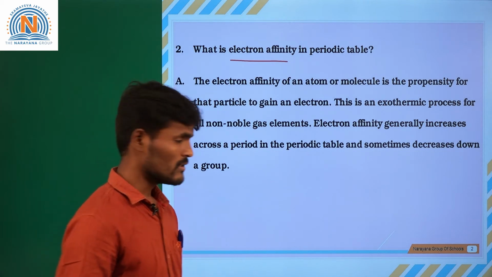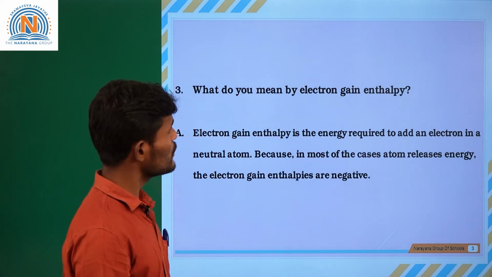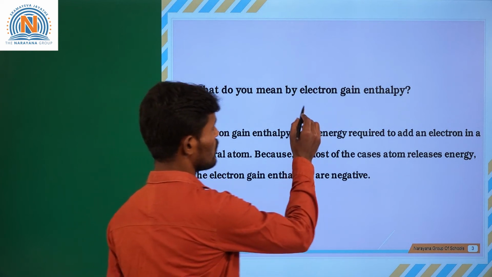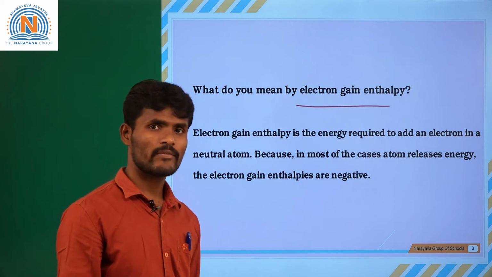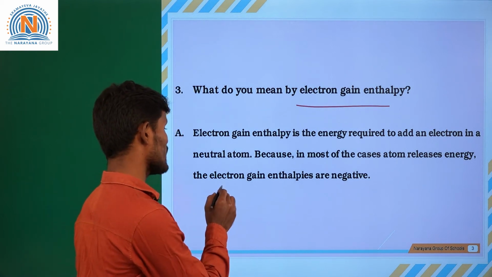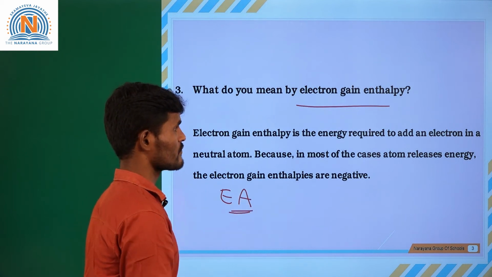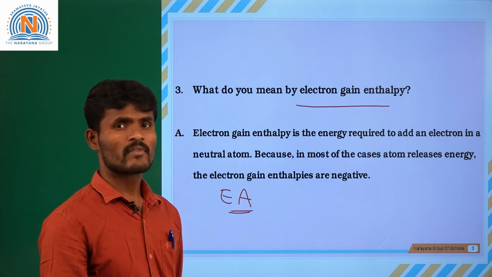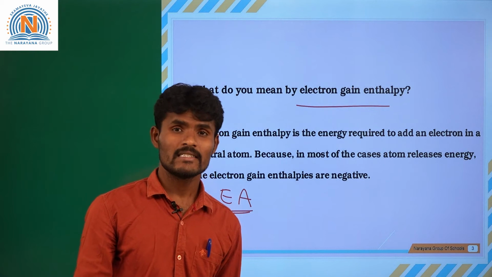Next, third question. What do you mean by electron gain enthalpy? Just now I told about this point. Electron gain enthalpy is also called electron affinity, in short form EA.